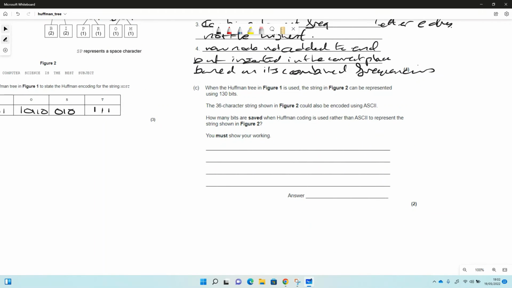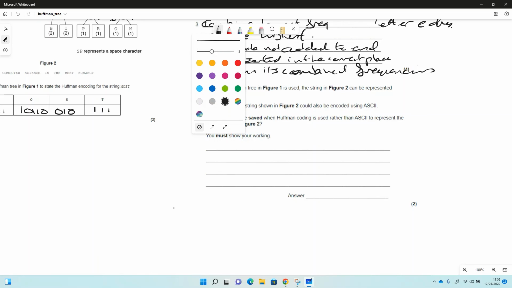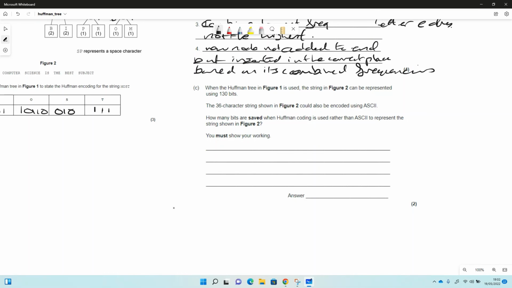So then the last part on this is a calculation. So they've done half of the calculation for us. They've actually done the longer bit that we might have to calculate. So when the Huffman tree is used the string in figure 2 can be represented using 130 bits, it says. So they're telling us it's a 36 character string. It could be encoded using Ascii.